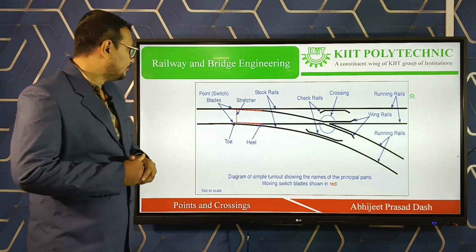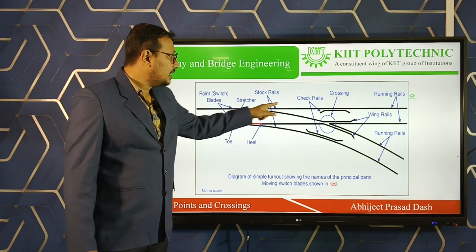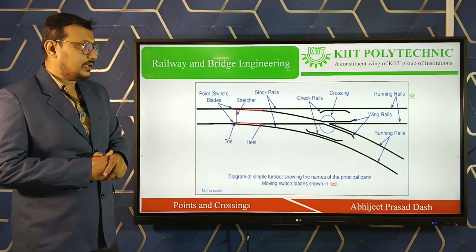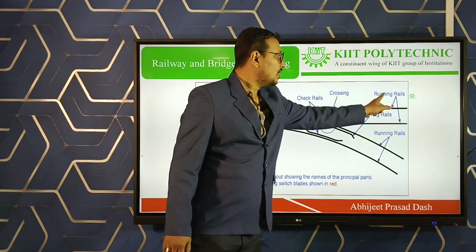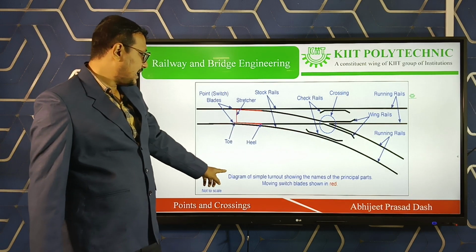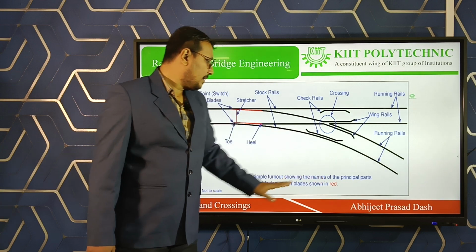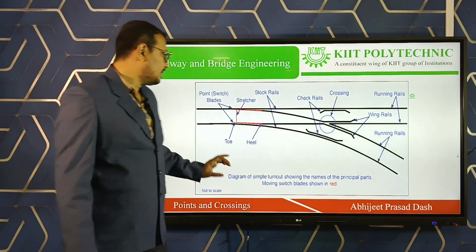In this diagram, this in black color is the main line, the main rail, the running rail, as we are telling it, running rails. Now this is a diagram of a simple turnout showing the names of the principal parts, the main parts. Moving switch blades are shown in red.